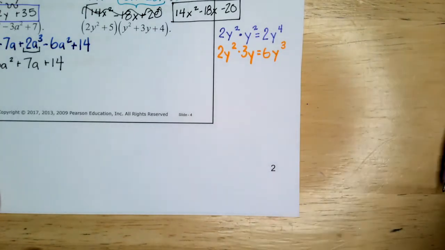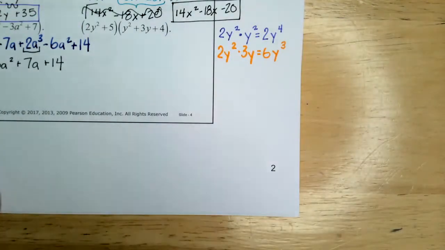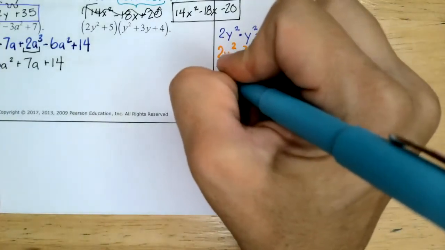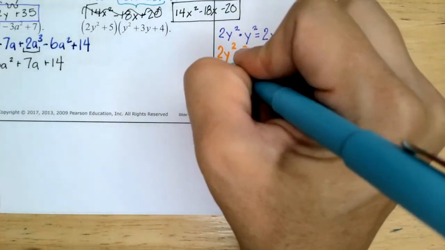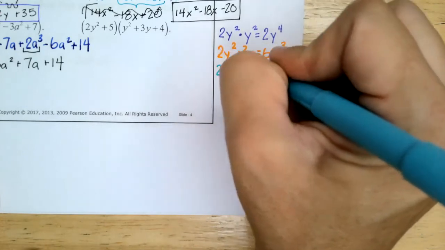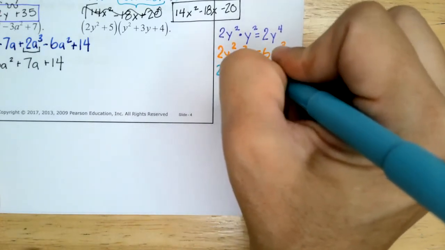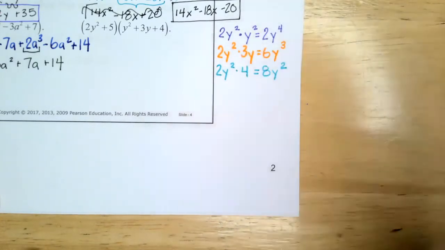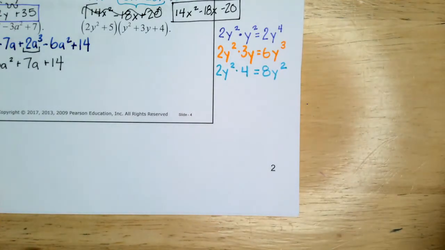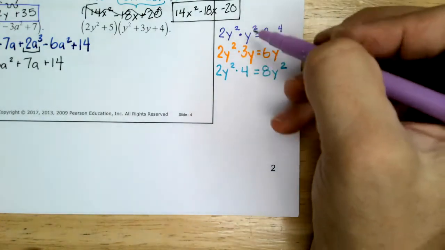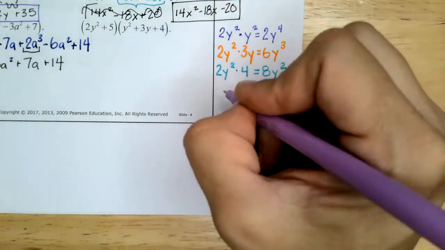Okay. And then 2y squared times 4 is 8y squared. Same numbers, but with 5 instead of 2y squared.